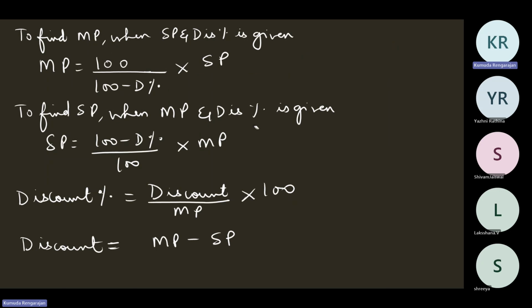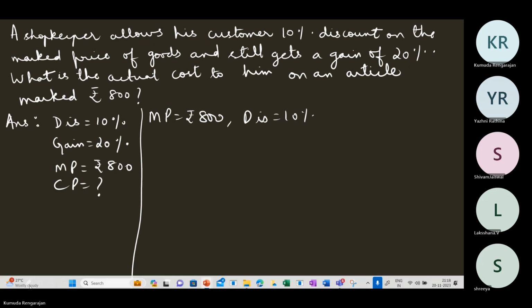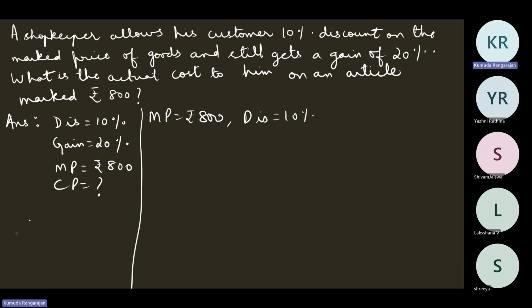When you know the marked price and the discount percentage, you can find the selling price. So SP is equal to 100 minus discount percent by 100 into MP.